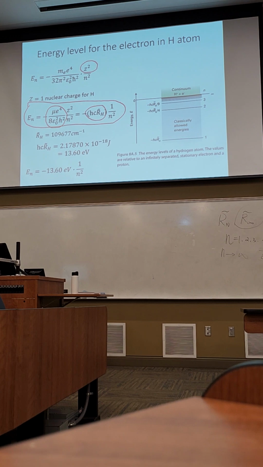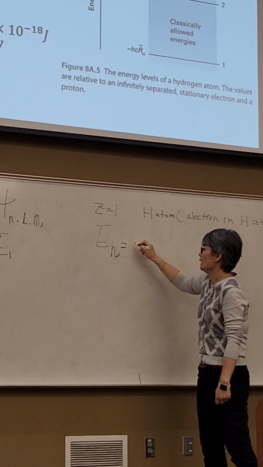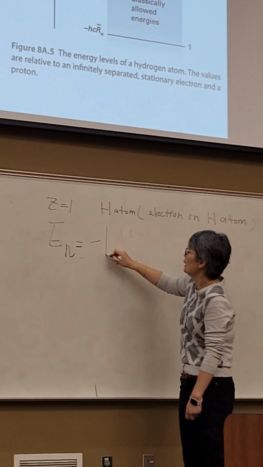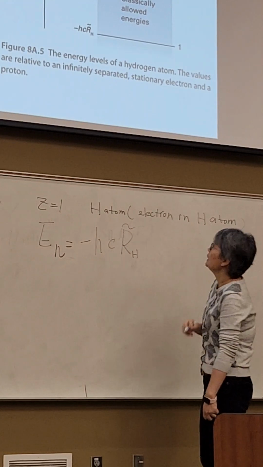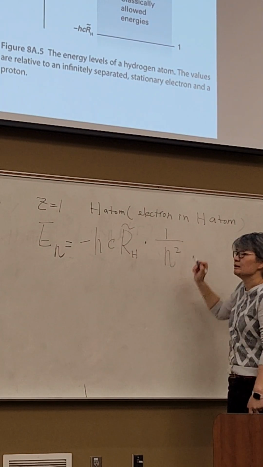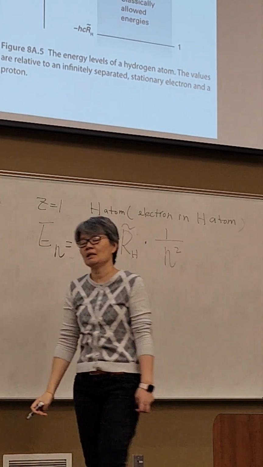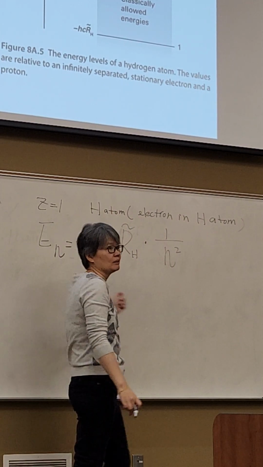So then the energy for this equals Hc, the Heisenberg constant for the hydrogen atom, and then it depends on the quantum state, because the electron can be in various quantum states defined by n. The energy is dependent on that quantum state, specifically the principal quantum number.